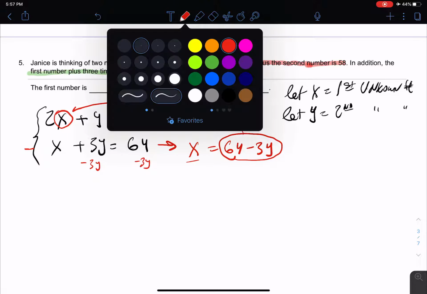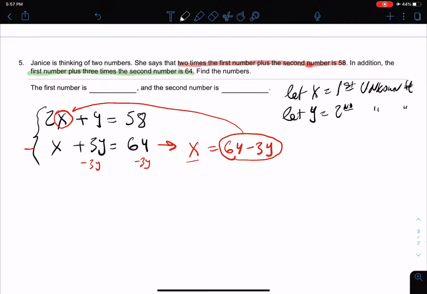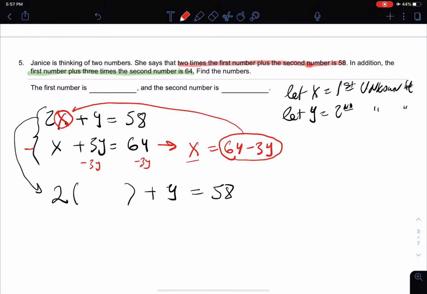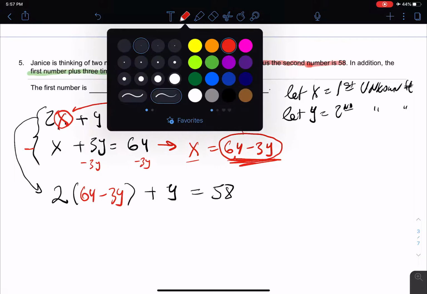So now I'm going to copy this equation down with my new substitution. It's going to be 2 times x plus y equals 58. Now remember, we know now x is just 64 minus 3y. So we could do that substitution.